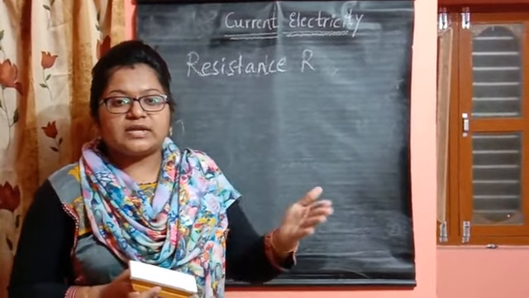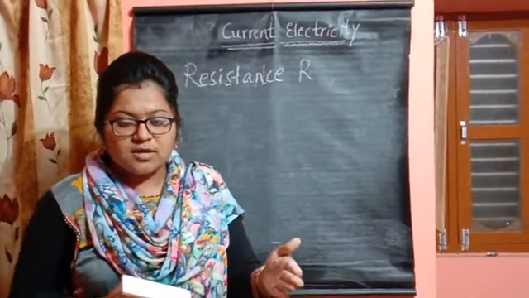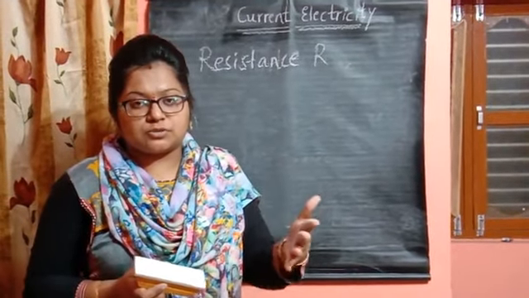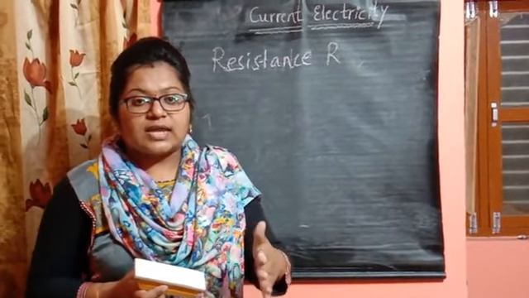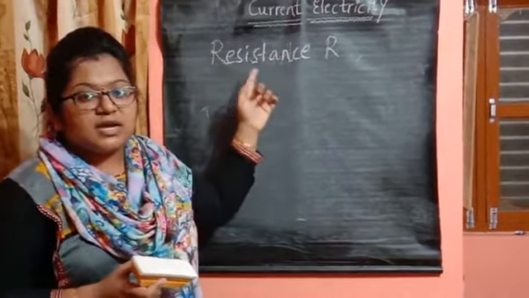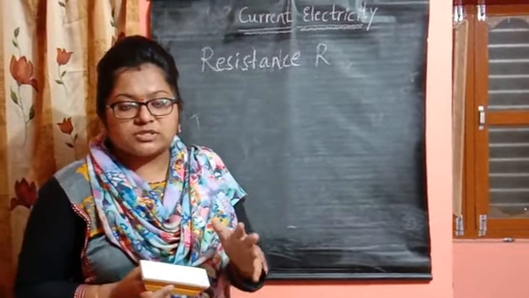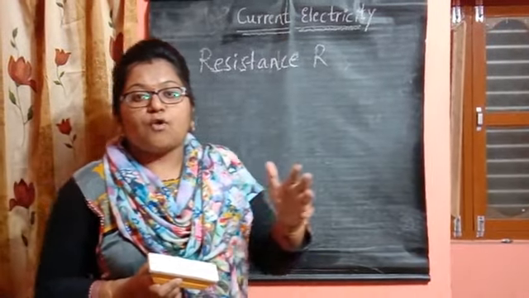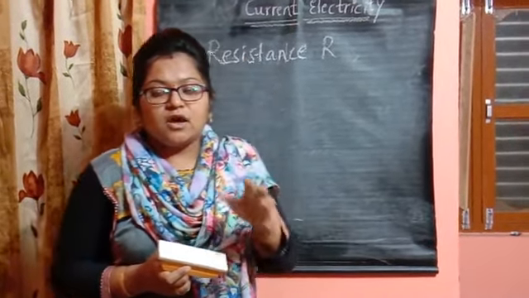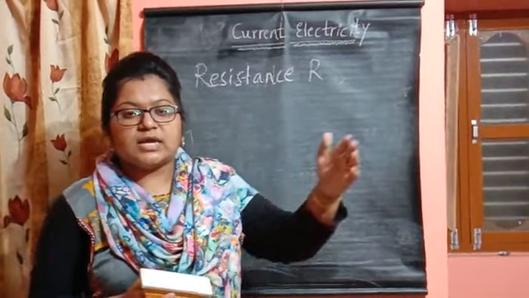The flow of current is completely stopped there. So an opposition to the flow of current is created. That opposition is nothing but resistance. Resistance is a property which opposes the flow of free electrons. It resists the flow of free electrons in a conductor.